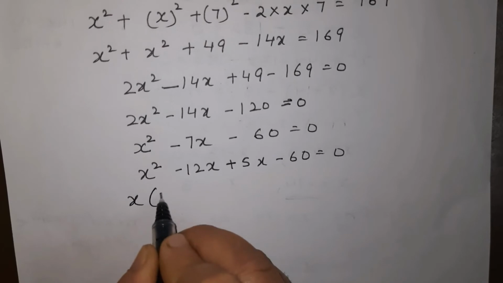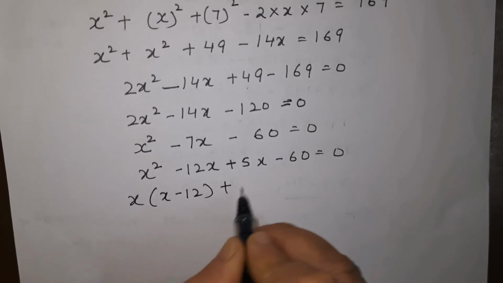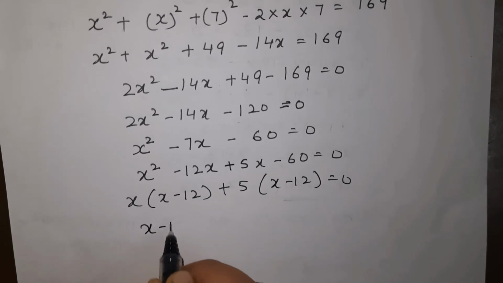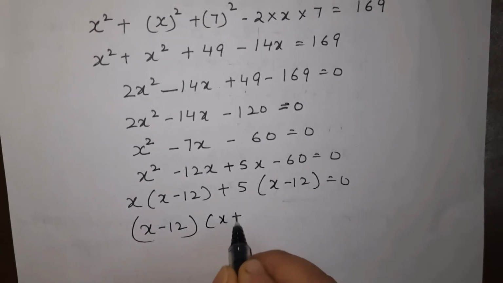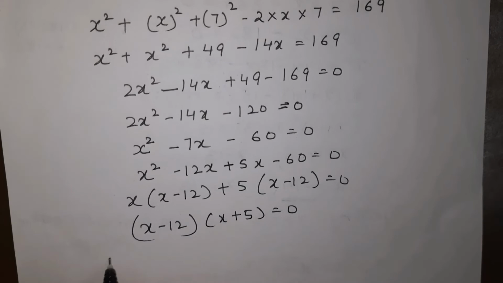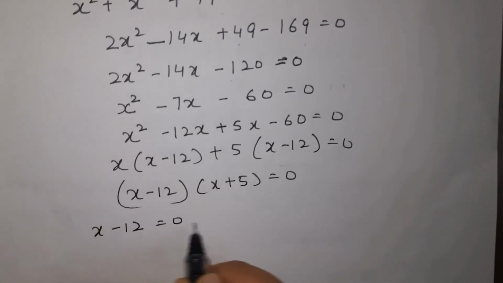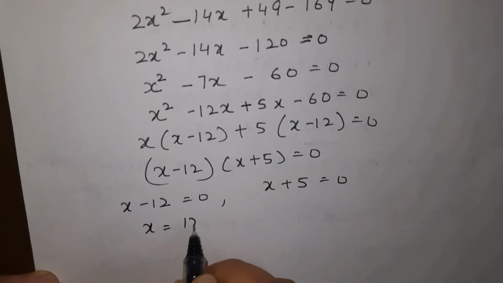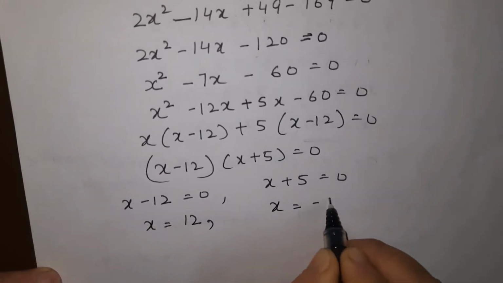So x is common, x minus 12, 5 is common, x minus 12. So x minus 12 and x plus 5 equals to 0. x minus 12 equals to 0, x plus 5 equals to 0. x is 12 and x is minus 5.